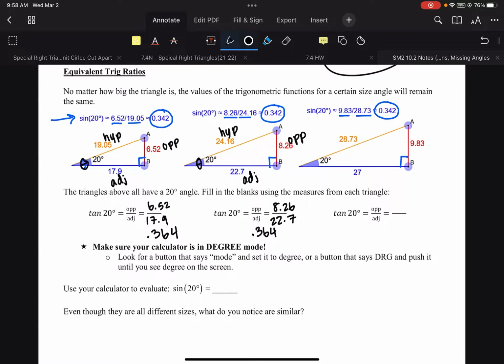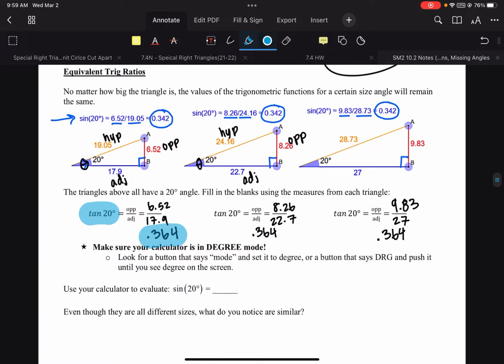And then the last one, we're again going to do the opposite, so 9.83 over the adjacent, 27. And we get 0.364. So this is the cool takeaway. It does not matter how big your triangle is. The tangent of 20 is always 0.364.